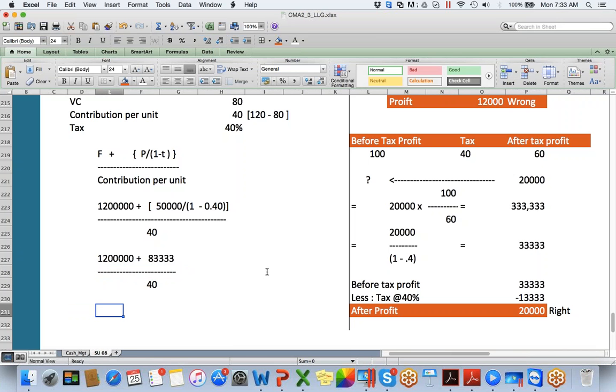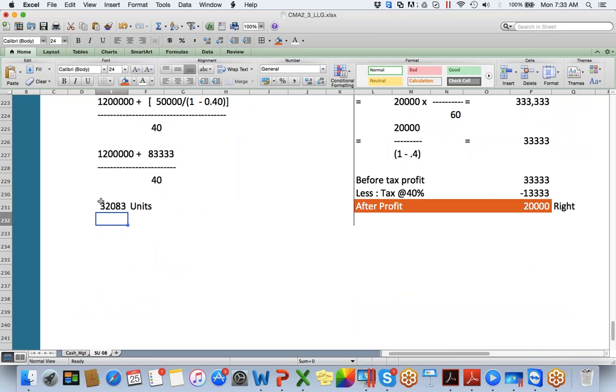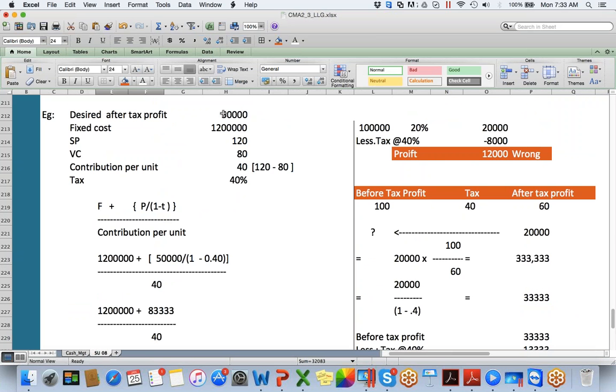Plus 1.2 million divided by 40 will give you how many units? 32,083 units approximately. So when you sell 32,083 units, you will get an after tax profit of 50,000.